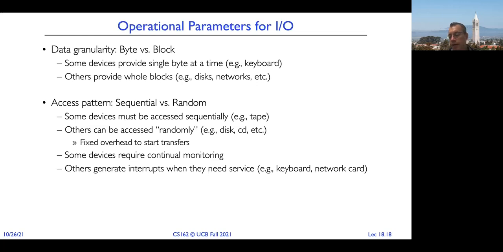Also, there are devices that differ in another access pattern, and we are going to talk more about that: do you need to monitor that IO device all the time to see what happens, or are you going to get interrupts when something happens, like with a keyboard or network card?